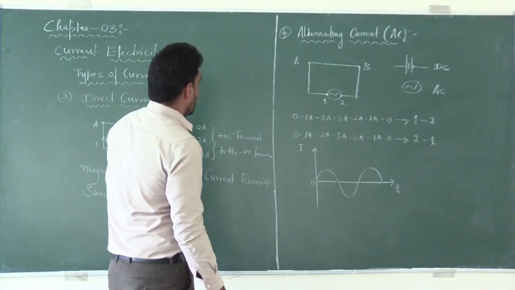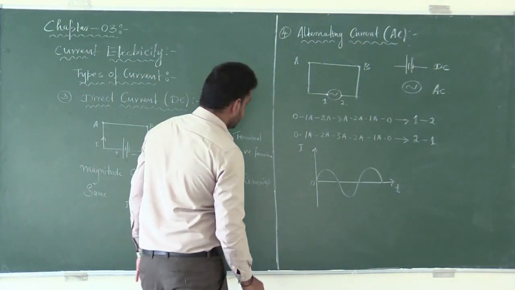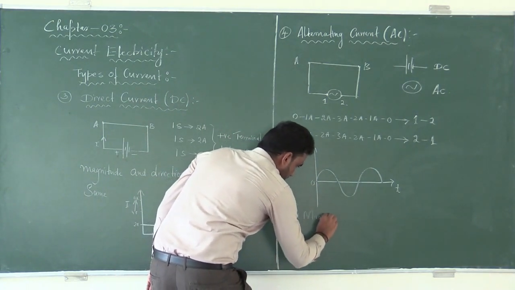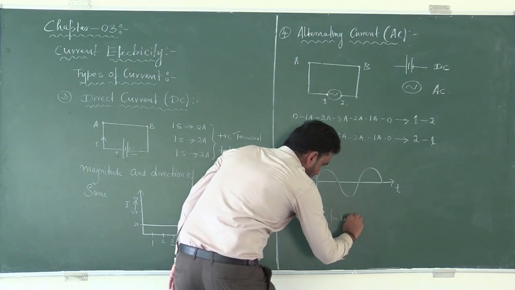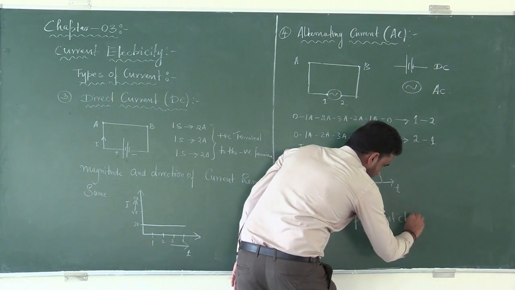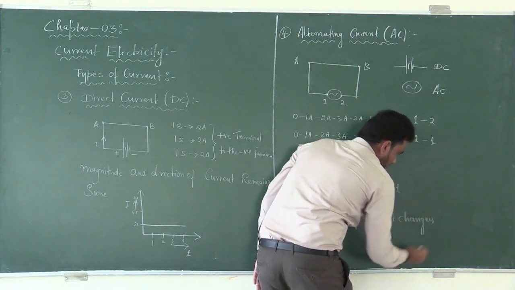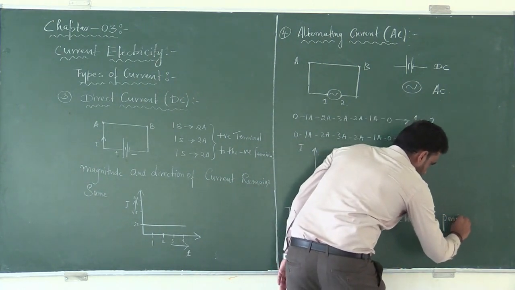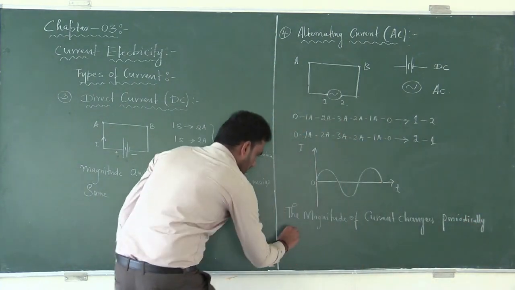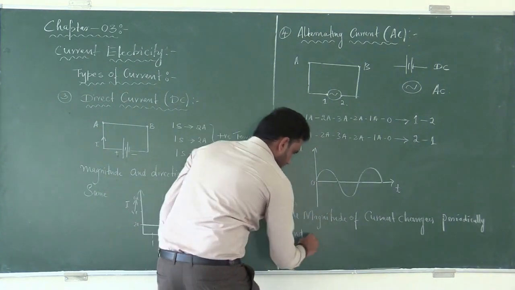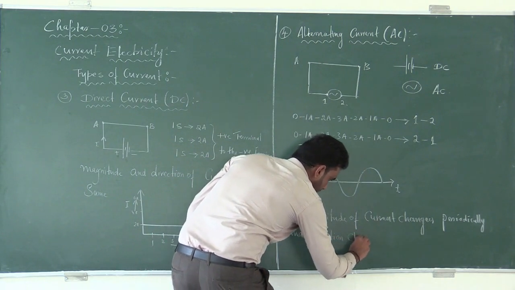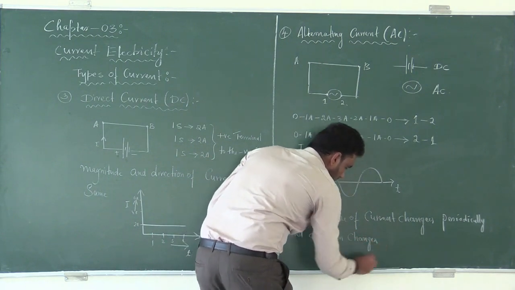So what is the statement? The magnitude of current changes periodically, and direction changes alternatively.